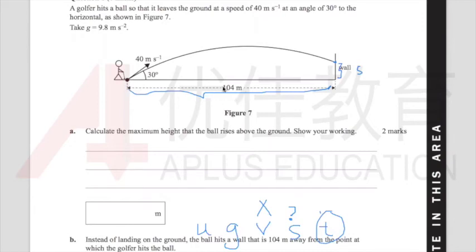So how do we use 104 meters to find the time? If you remember, we could also find the horizontal velocity, and in the horizontal direction we're doing constant velocity motion because there's no acceleration in the horizontal direction.